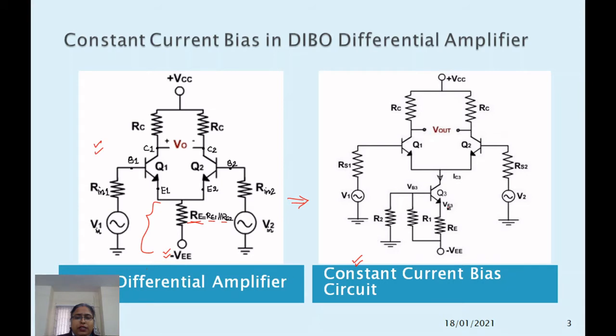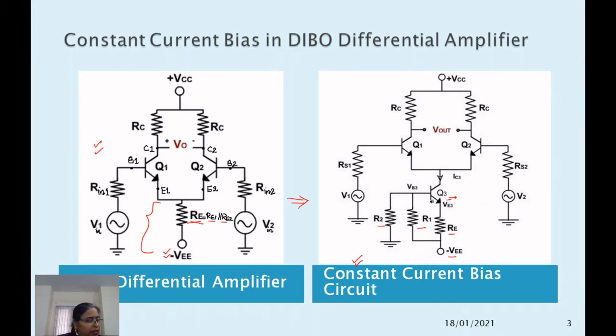As you can see, now we have introduced resistors R1, R2 and transistor Q3 along with resistor RE and the DC supply minus VEE. R1 and R2 make a voltage divider circuit, and transistor Q3 is called the constant current transistor.